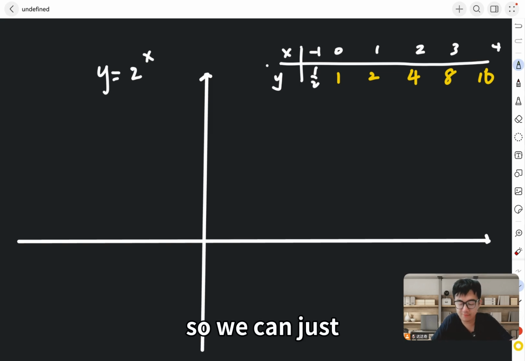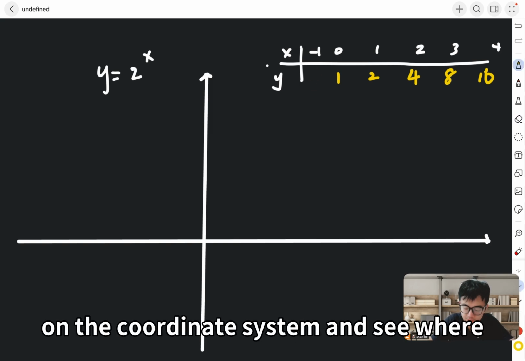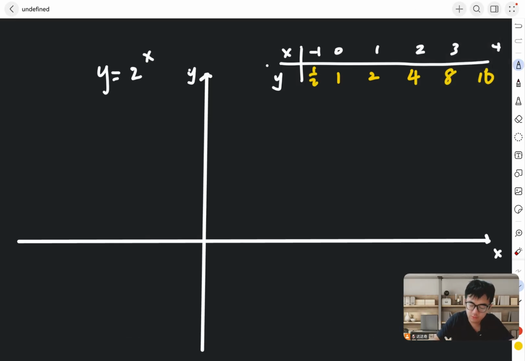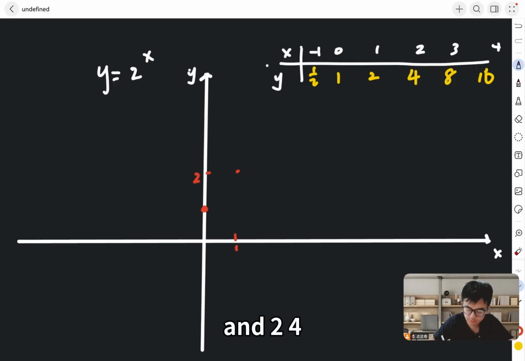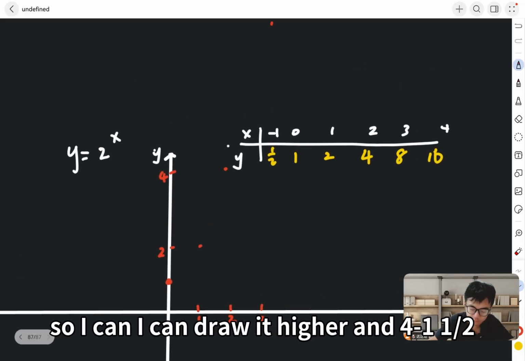So we can plot those points on the coordinate system and see where this equation goes. So it's (0, 1), (1, 2), (2, 4), (3, 8). So I can draw it higher.